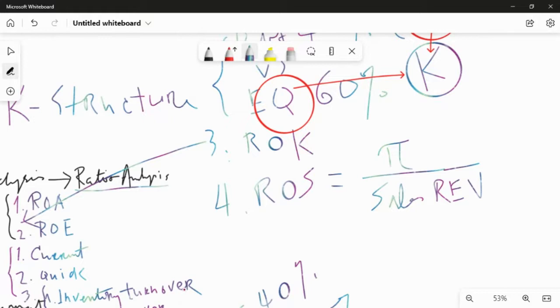Now when you have all of these ratios, how do you know if it's good or bad? Well, there is no way you can tell by itself. Obviously, all of these must be positive numbers, greater than 0. Nothing can be negative.